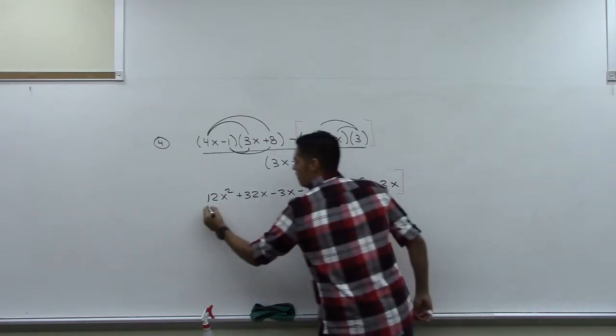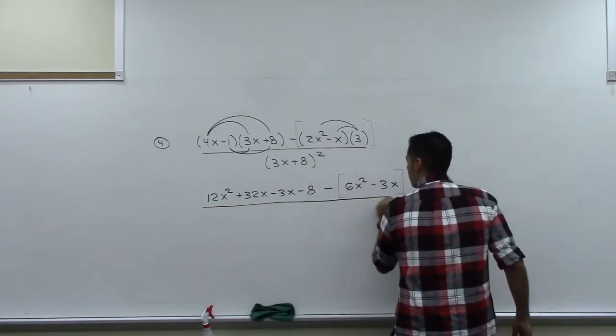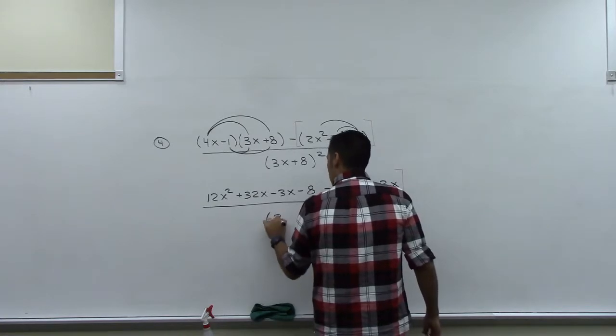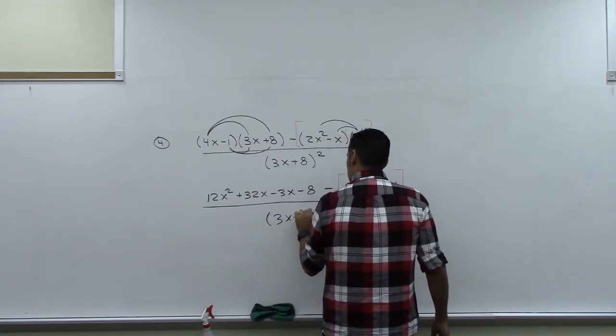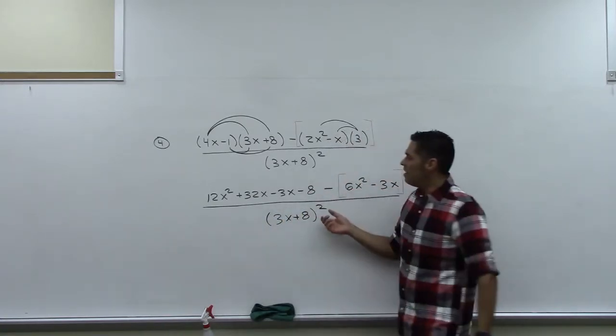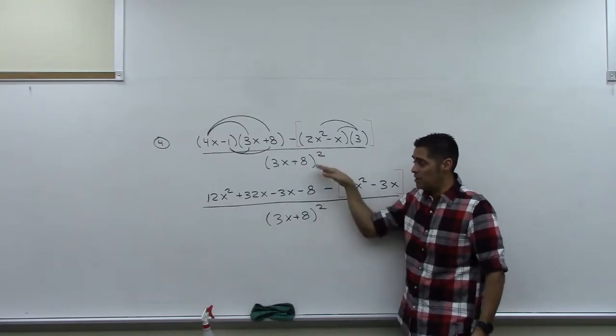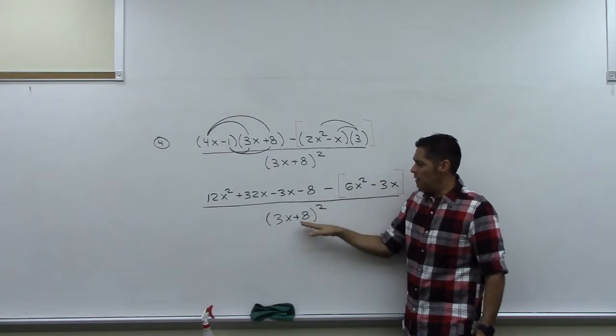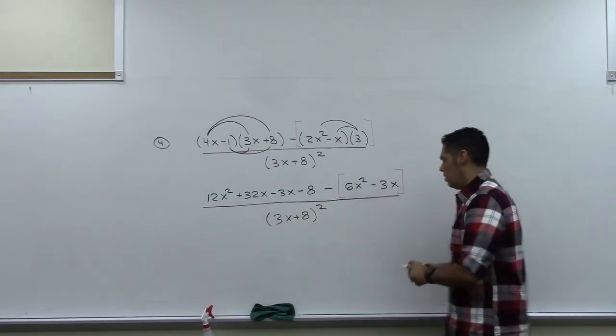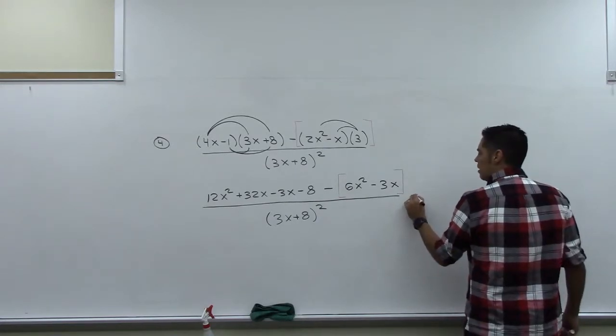Okay, and on the bottom, we could square that. But again, because of where we're headed in this class, most of the time, we are actually not going to do the actual squaring here, on the denominator only. So trust me that later on this will make a little more sense. So let's just leave the denominator alone, and let's continue here on top.